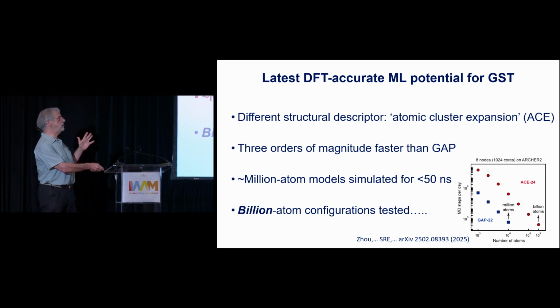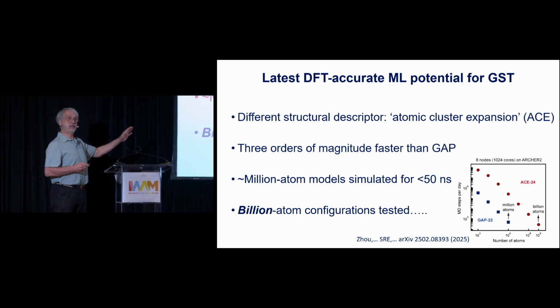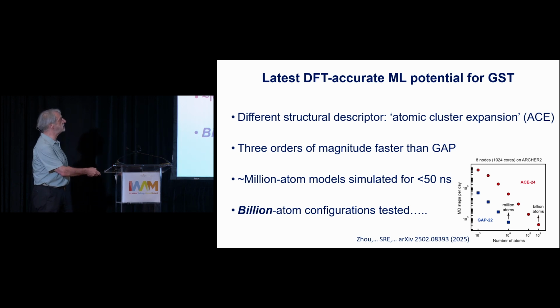Actually timing, doing the calculations is not a problem. Actually storing the data from an MD simulation of a billion atoms is actually the limiting step at the moment, basically. We just don't have enough memory to do this. But we've done million, and we can do a billion.